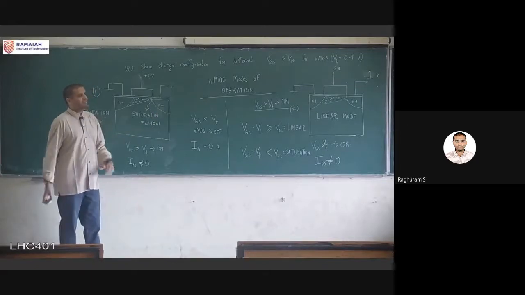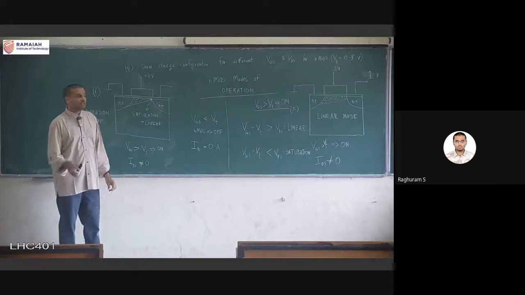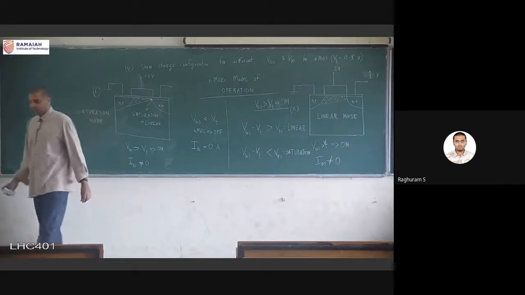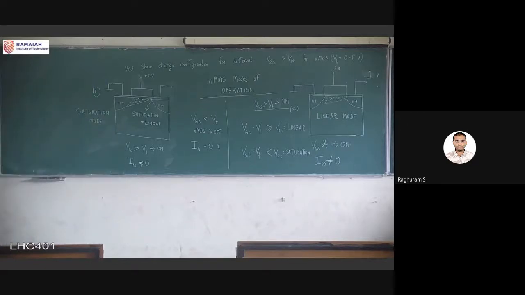Based on this, we will slowly try to derive an expression for the current. Very important part of this particular unit, this particular course. What is the expression for the current flowing through a MOS transistor? So we will remove all this.